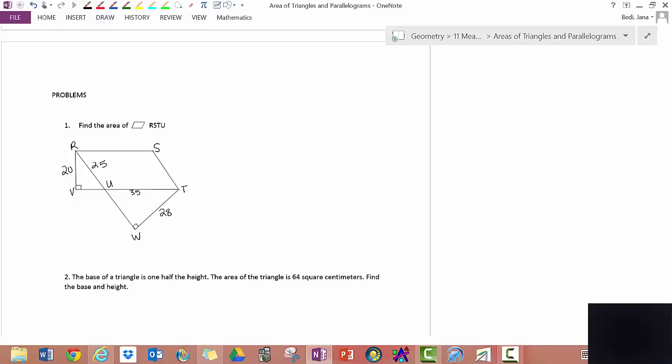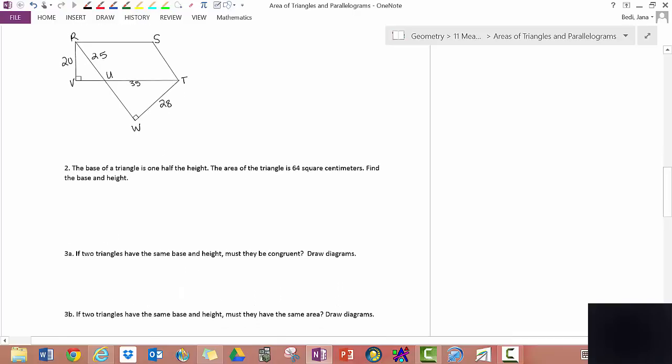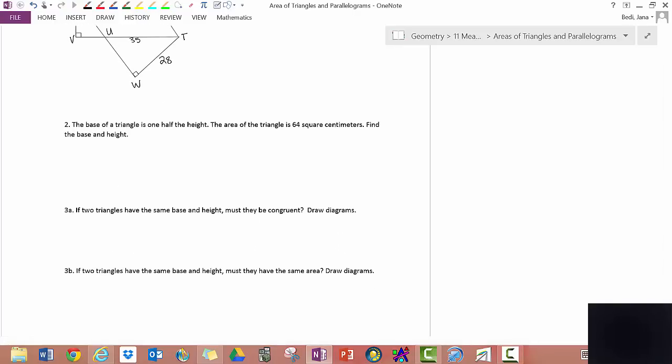Question number 2. The base of a triangle is 1/2 the height. The area is 64 square feet. Find the base and height. What you could start out here is say, let the base equal x, and so the height will be double that, it'll be 2x, and then use your formula, so plug it in and solve.